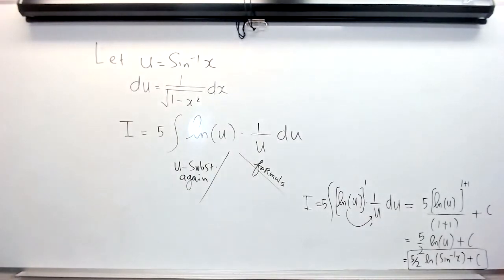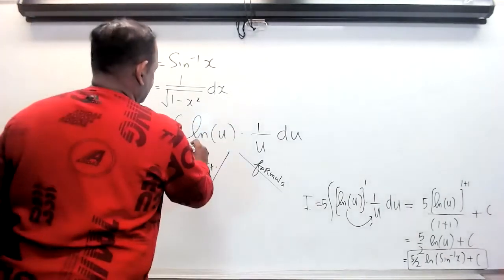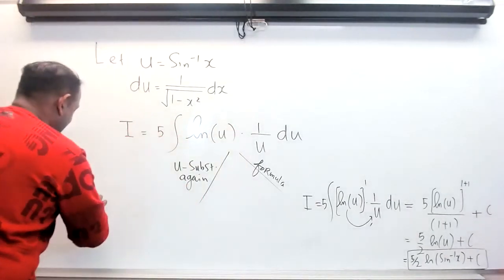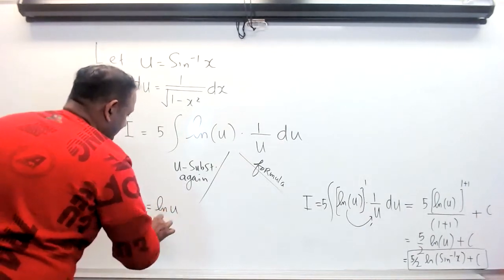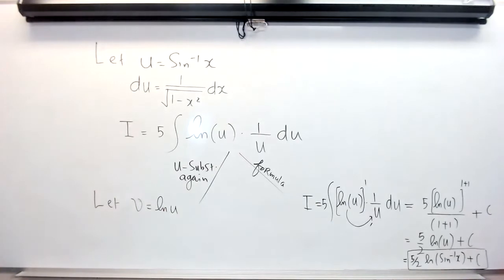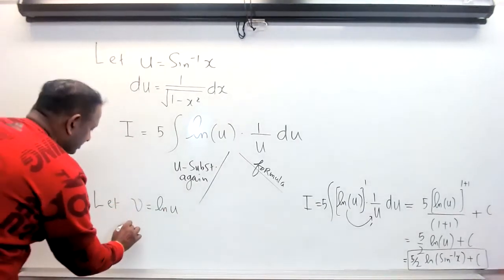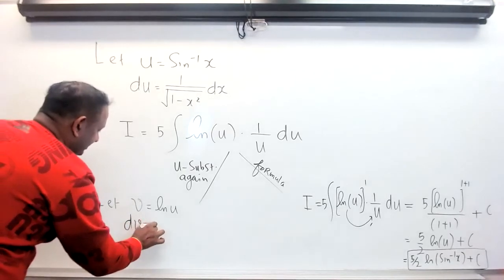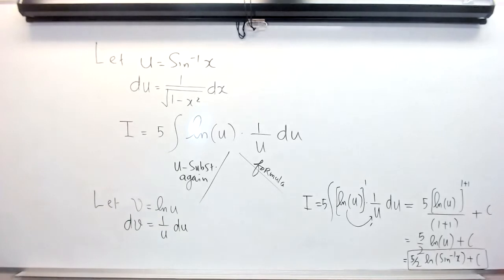Or you can consider this whole thing as v. See, another letter, let v equals ln u. The very moment you put the v substitution or u substitution, you have to use dv on this side, 1 over u du.